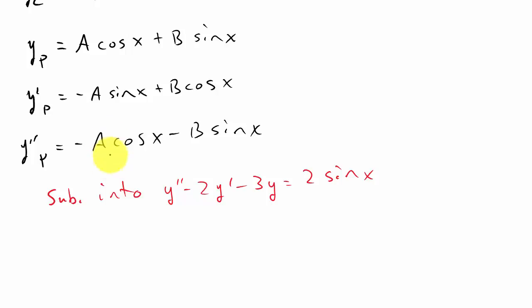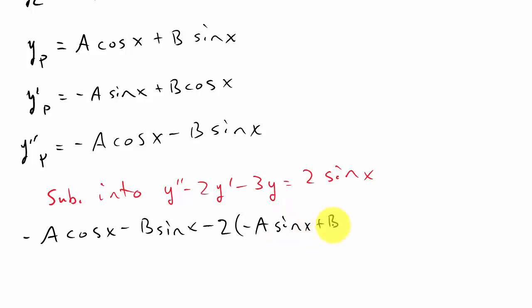Alright, so let's substitute this in. y double prime is this, so I get negative a cosine x minus b sine x, minus 2 times y prime, and here's y prime, negative a sine x plus b cosine x, and then the y sub p I'm going to plug in here, so that's going to be minus 3 times a cosine x plus b sine x.